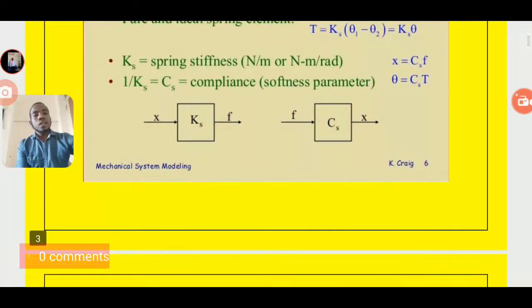This is the diagram for Ks and Cs. In the case of Ks, x is the input and F is the output. In the case of Cs, F is the input and x is the output. Ks is the spring stiffness, and Cs is the compliance or softness parameter.